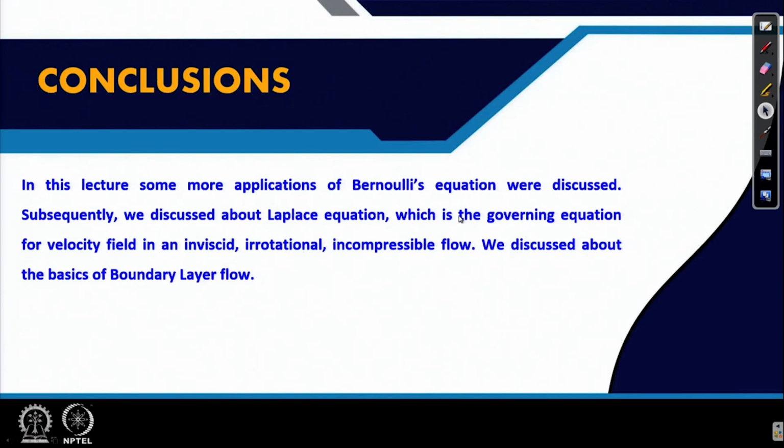So, in this lecture, we looked at some more applications of Bernoulli's equation, and subsequently we discussed Laplace equation, which is the governing equation for velocity field in an inviscid irrotational incompressible flow. We would discuss the boundary layer flows in the later lecture.